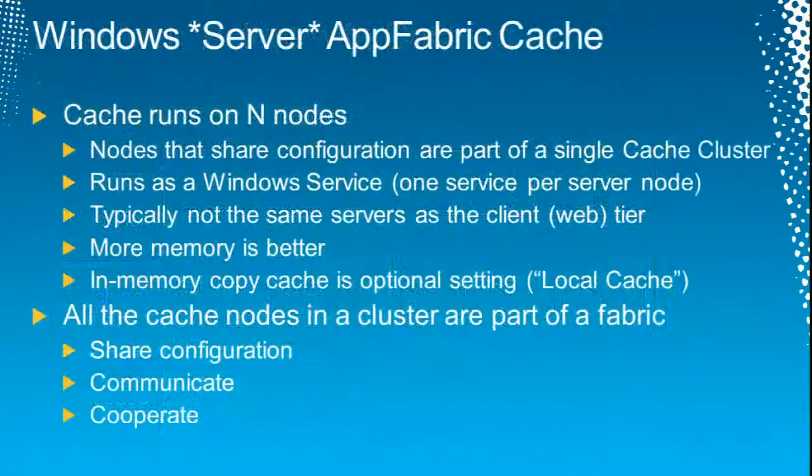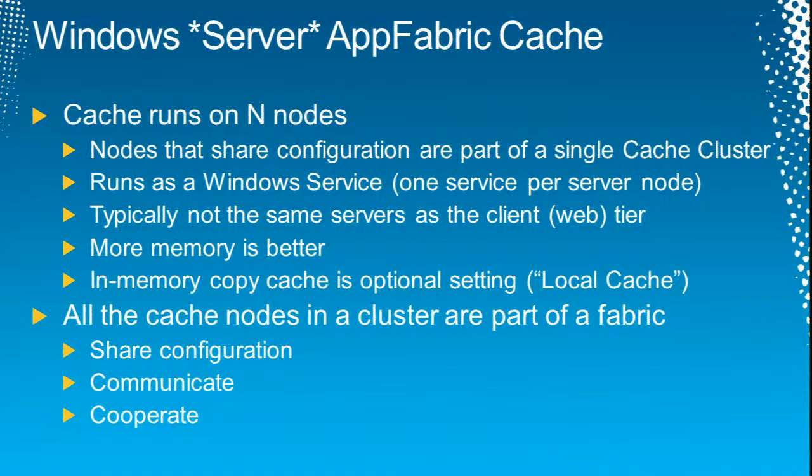The caching tier, all we really care about is memory. Some companies that I've talked to that are using AppFabric Cache have taken a bunch of old desktops, maxed them on RAM and put them in their data center, and there's their distributed cache. If one of them goes down, no big deal. The other machines in that cluster will take over for the node that was gone.